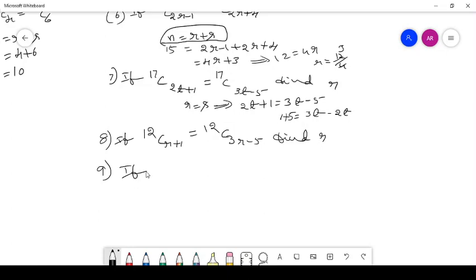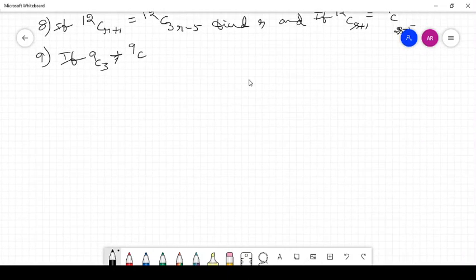If 9C3 plus 9C5, and if 12C(s plus 1) is equal to 12C(2s minus 5). This problem also you have to do. Next, write down the next problem.